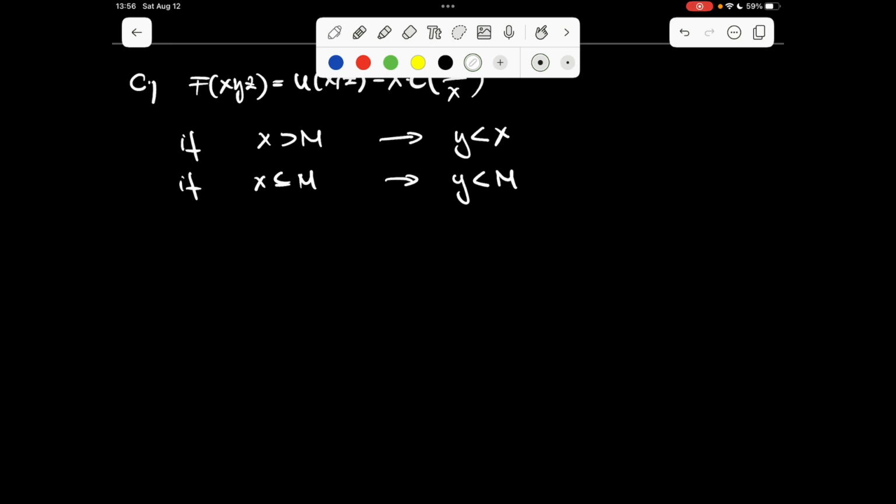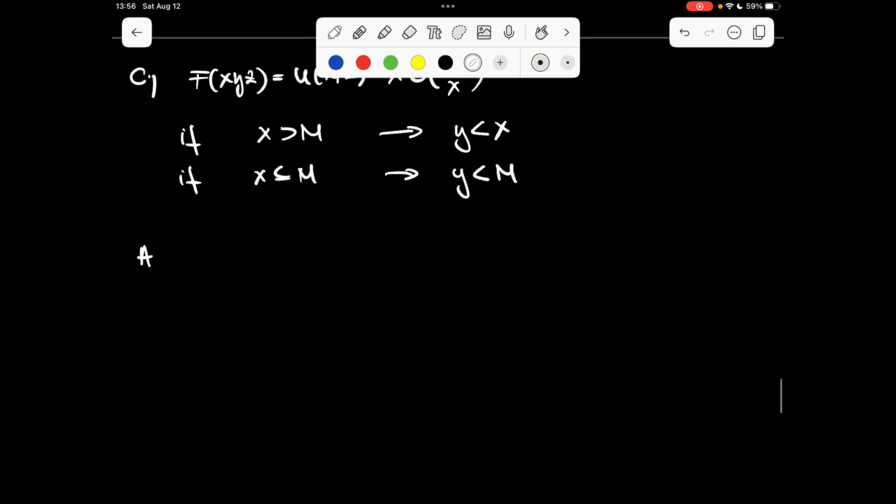So this is the reason why we can say one period return function f is bounded. Let's go on.